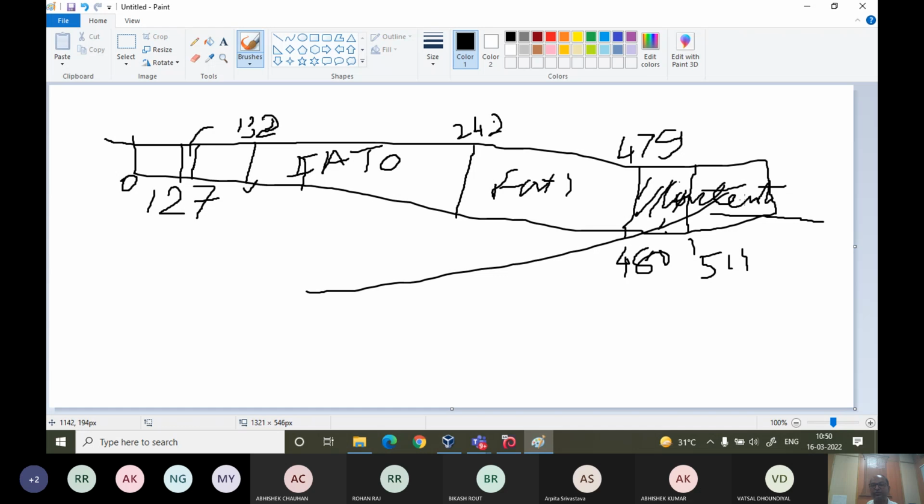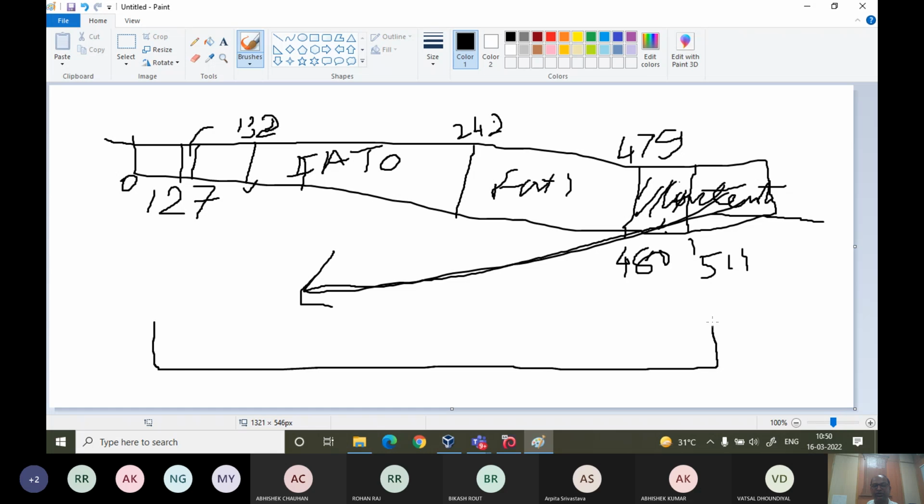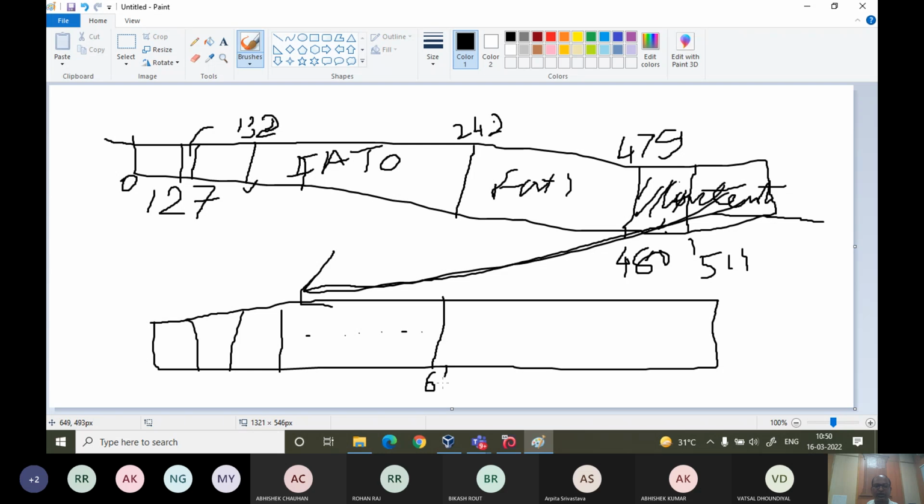So this area, let's say if this is so big, you can see that this is one sector, second sector, third sector. So this is 64 sectors. This together will give one cluster. Am I clear?